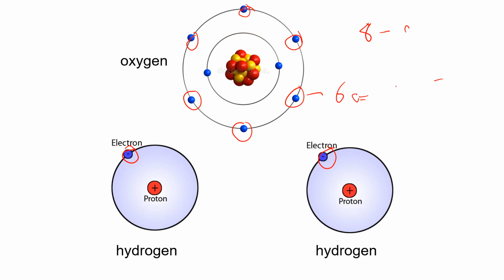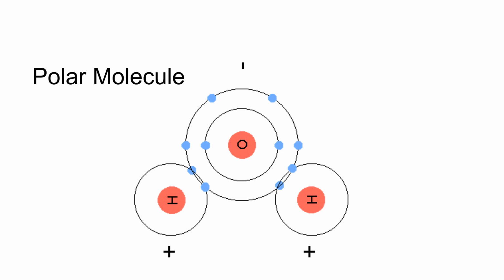So we can resolve this problem of the oxygen atom wanting 8 electrons in its second shell, and the 2 hydrogen atoms wanting 2 electrons in their first shell, by these 3 atoms coming together and forming a water molecule. So what we're going to end up with is something called covalent bonding, or electron sharing, chemistry 101.